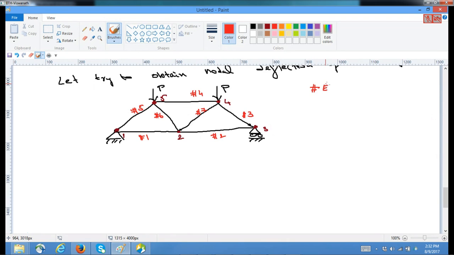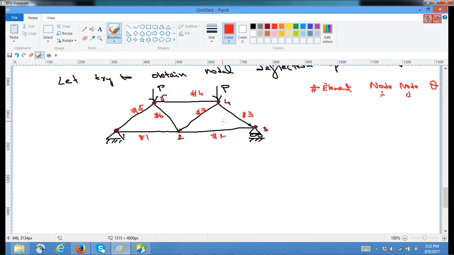Element number, node I and node J, and let me also find out my theta.